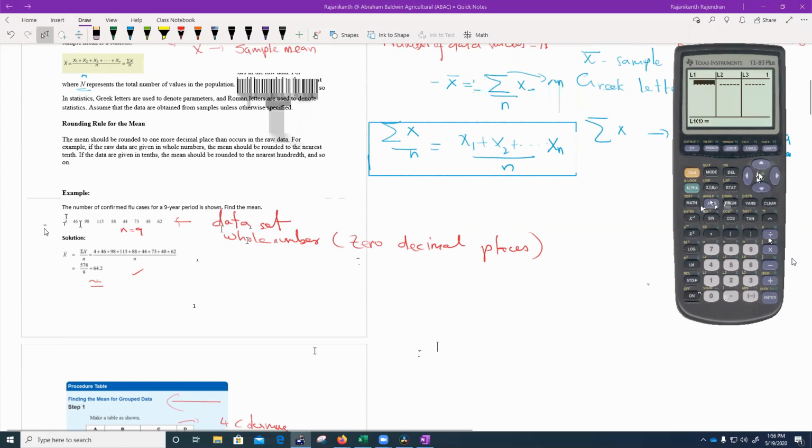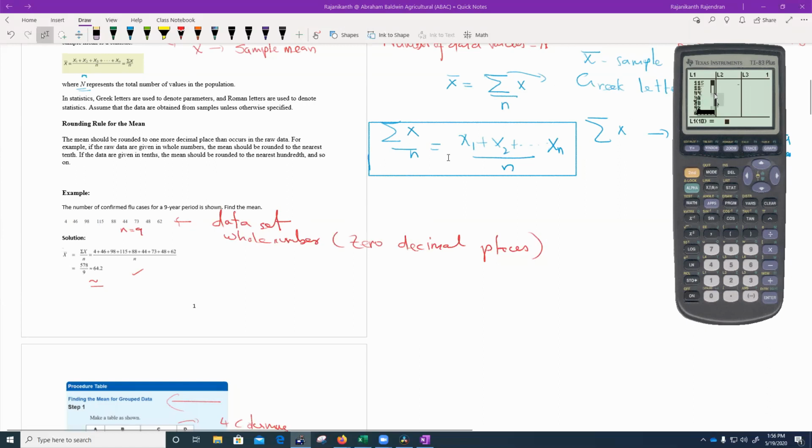Now I'm entering all the data values: 4, 46, 98, 115, 88, 44, 73, 48, and 62. So I have 9 data values.